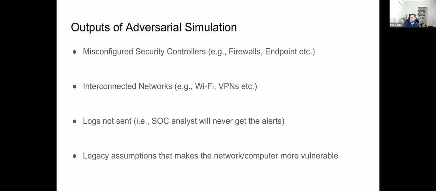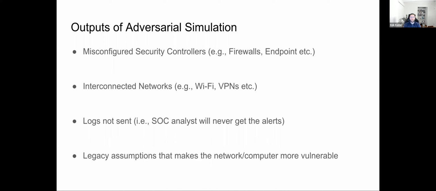Adversarial simulation, in a situation of multiple networks, multiple islands, can uncover some of this connectivity that could be a mistake, a human error, or just something the adversary did to make their life easier.